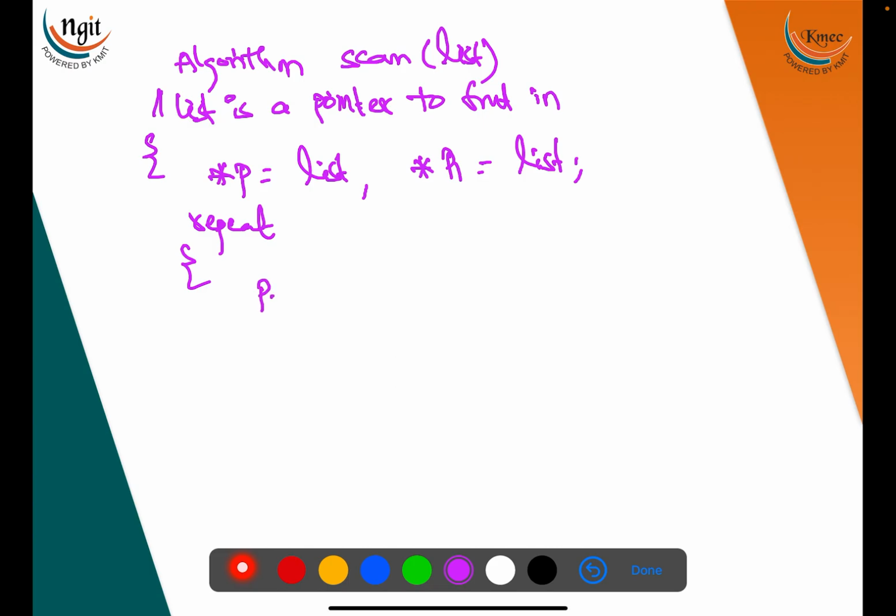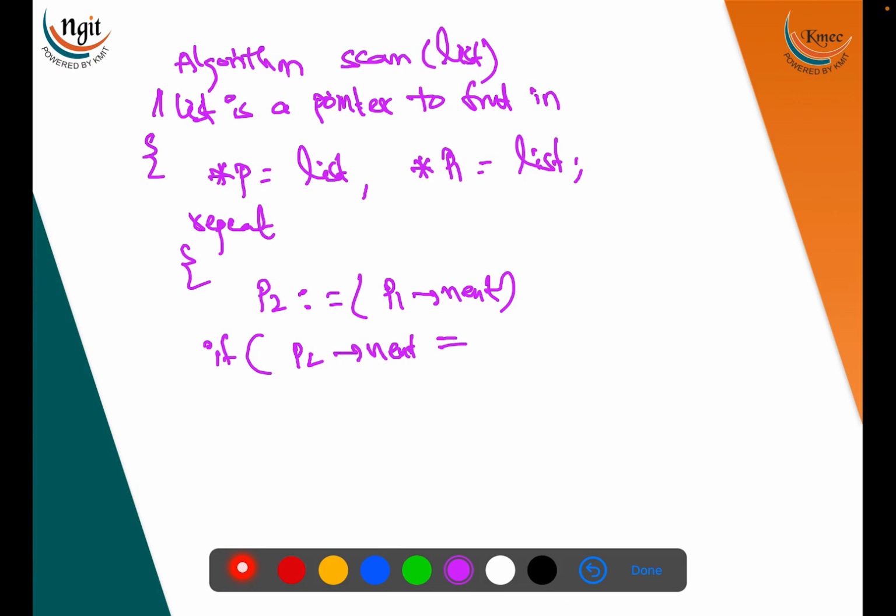We take p2 equal to p1 next. Now the condition is: if p2 next is equal to 0, then we return that it is the end of the list. If it is not equal to 0, then p3 is equal to p2 next, else return.